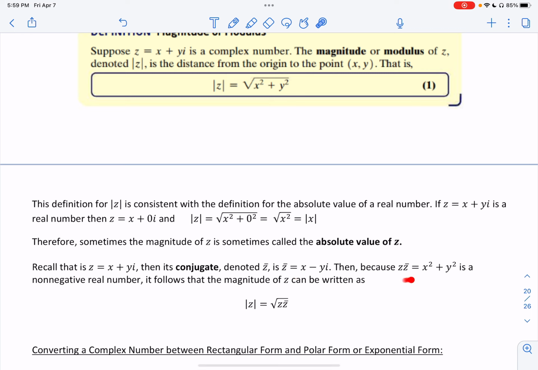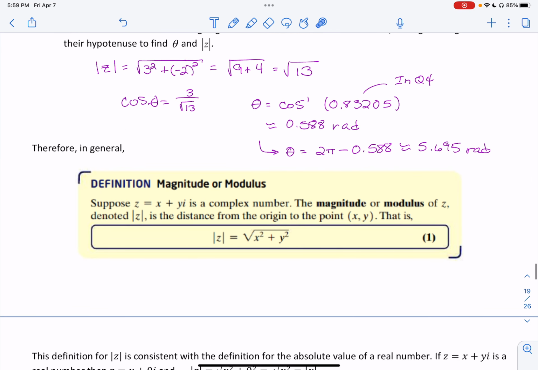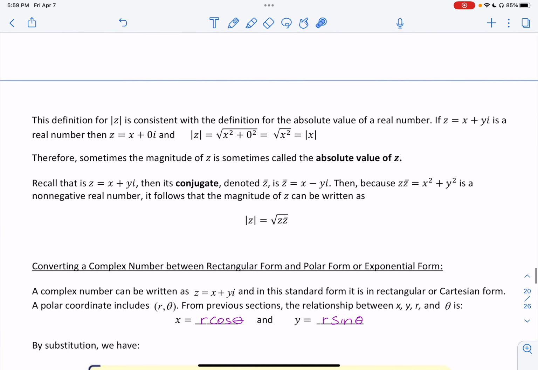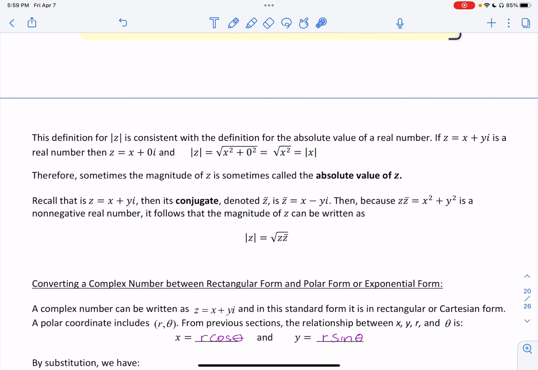We went through the FOIL yesterday: the two multiplied together, z and its conjugate, we get x squared plus y squared, which just so happens to be the same as what I have in my Pythagorean theorem. So I can also define the magnitude of z, or the modulus of z, as z times its conjugate, and then take the square root. And I think that's about where we left off.